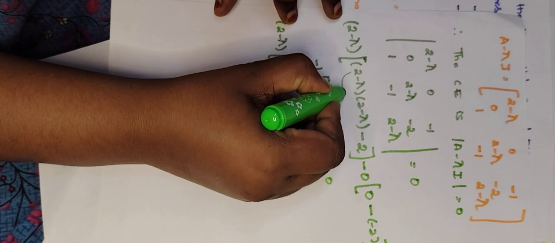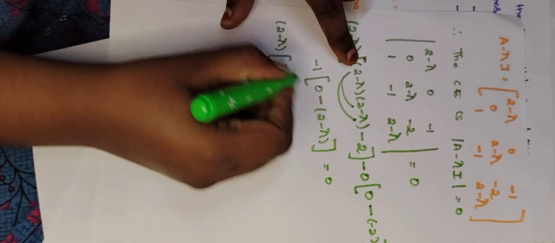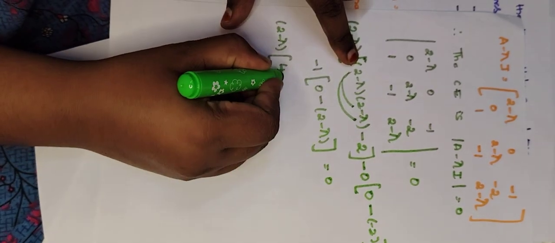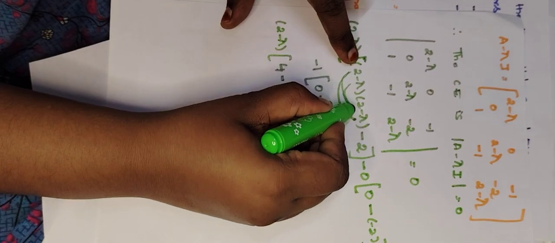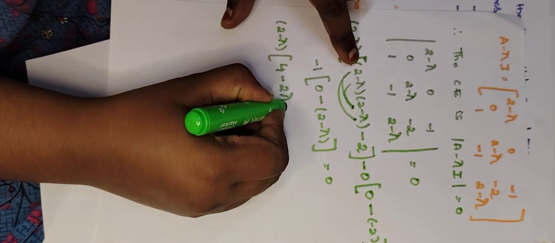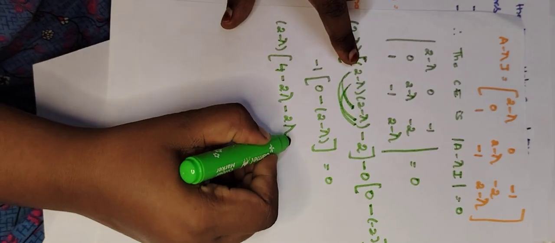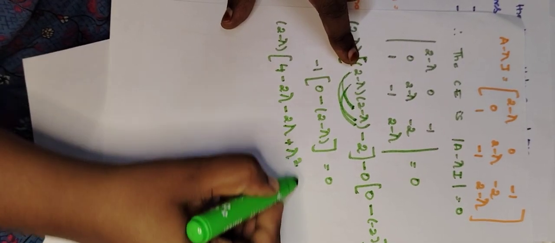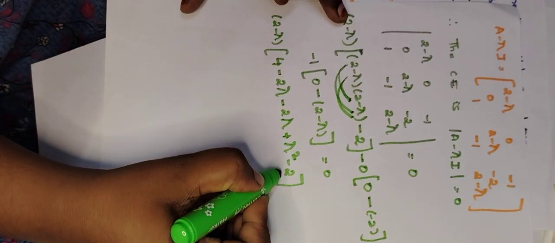Multiply 2 into 2 and then 2 by minus lambda. 2 into 2 is 4. Then 2 into minus lambda is minus 2 lambda. Then minus lambda into 2 is minus 2 lambda. Minus lambda into minus lambda is plus lambda square. And then we have the value here, minus 2. So minus 2 will be written as it is.